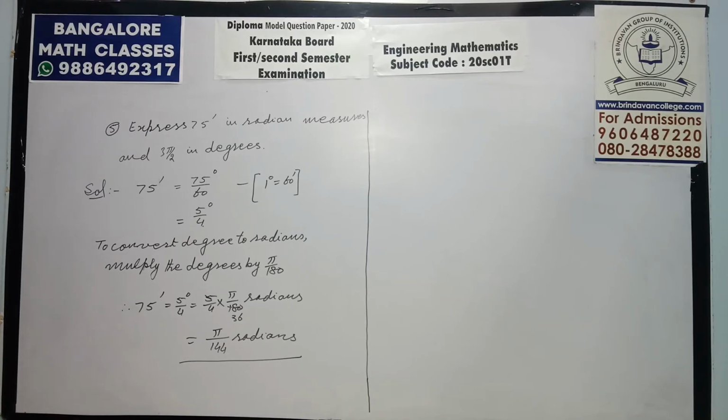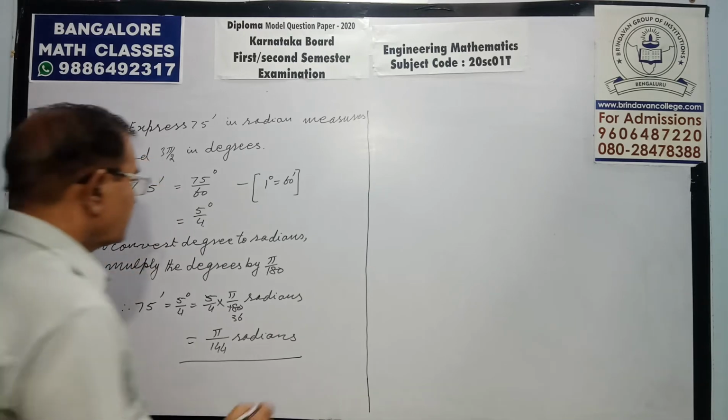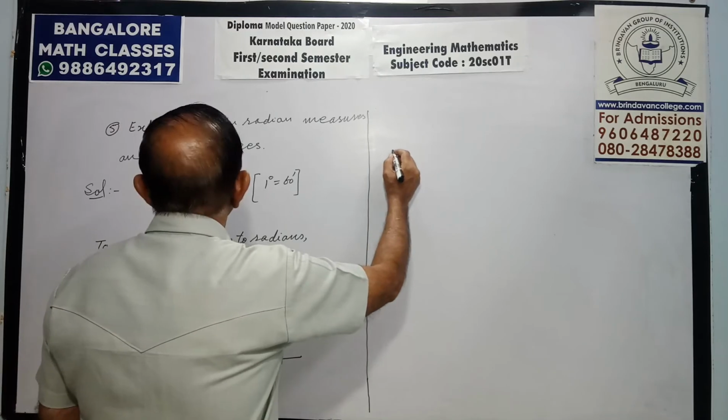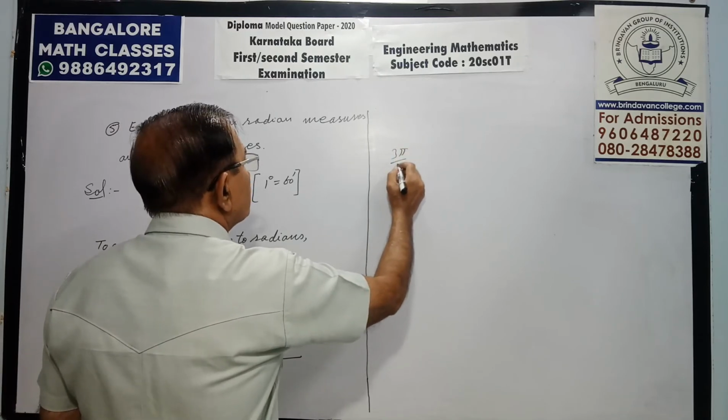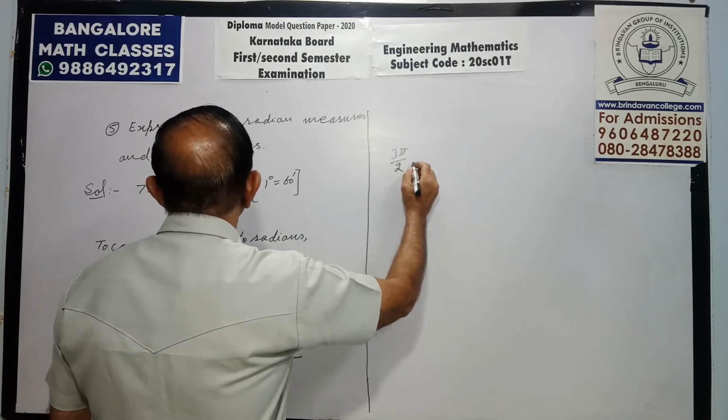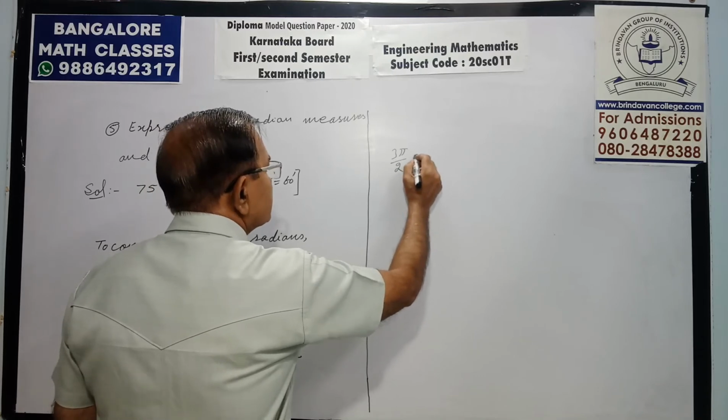Then come to the second part, 3 pi by 2 radians in degrees.